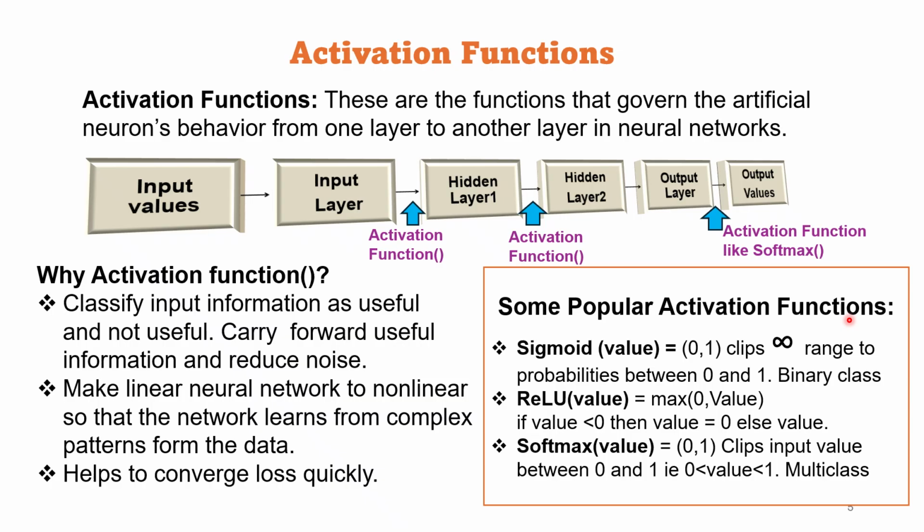Out of these four, only one classification or one object is correct. ReLU is used in CNN networks. We'll discuss more about neural networks like CNN, RNN in the video that will be posted next month.